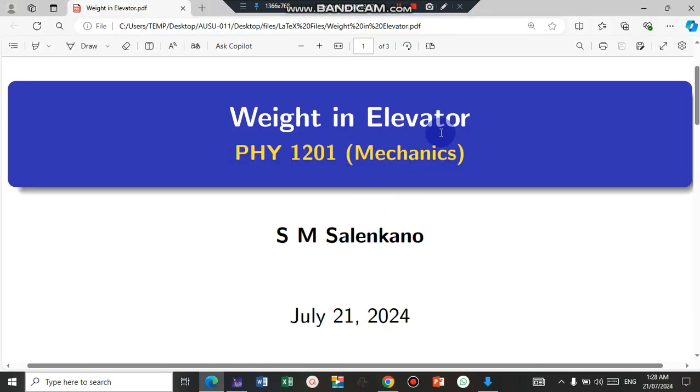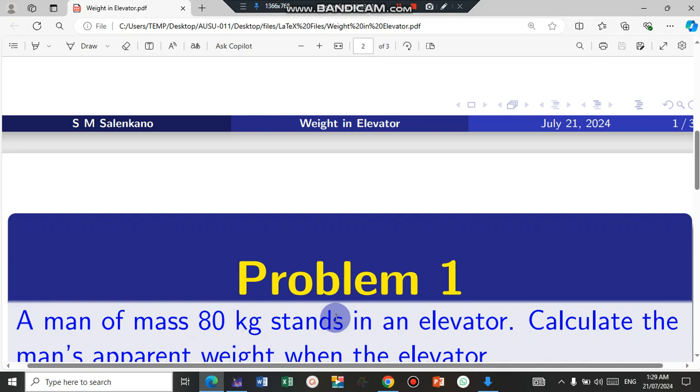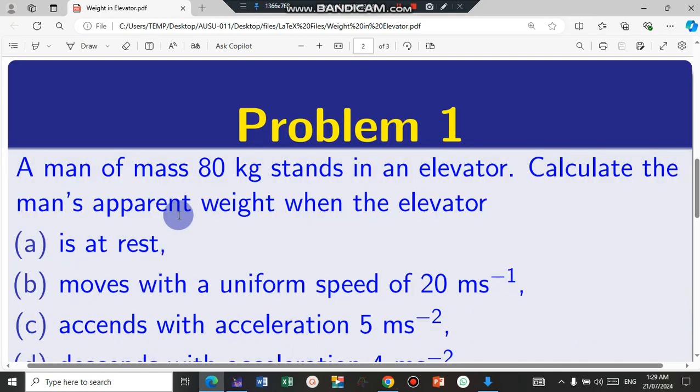Let's see that. Weight in elevator, PHY 1201 mechanics, Shuaibu Muawiyah Silent Kanu, July 21st, 2024. Here is what I call problem 1. A man of mass 80 kilogram stands in an elevator.